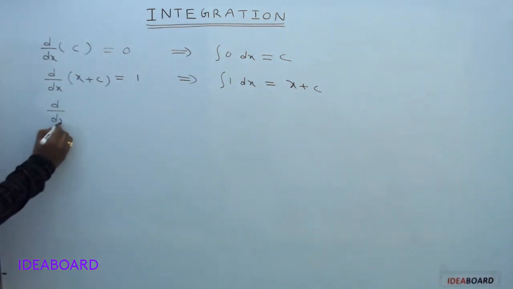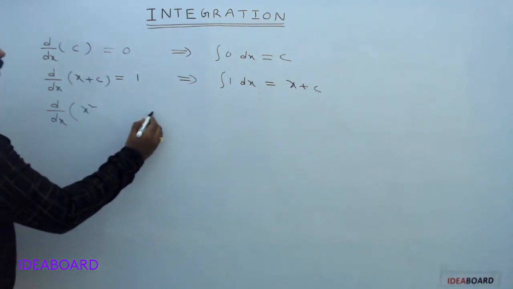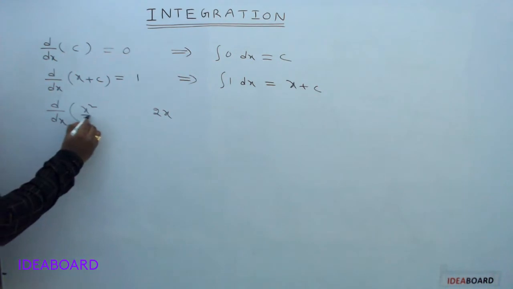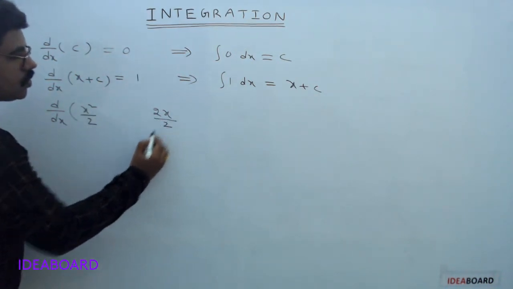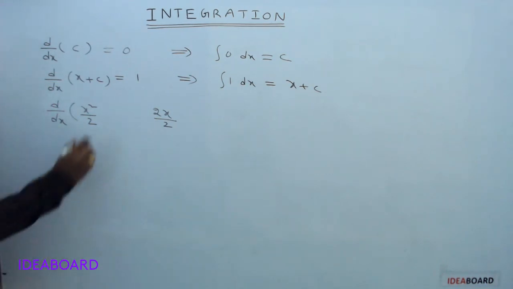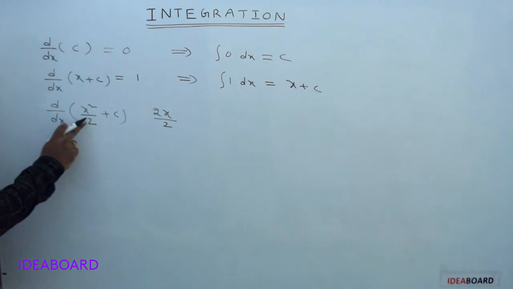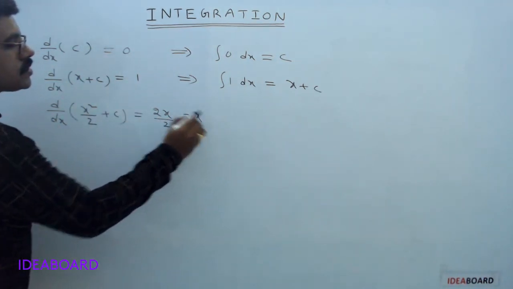Now, what is the derivative of x square? Derivative of x square is 2x. What is the derivative of x square divided by 2? That is 2x divided by 2. If you add a constant term, then derivative of x square by 2 plus c is x.